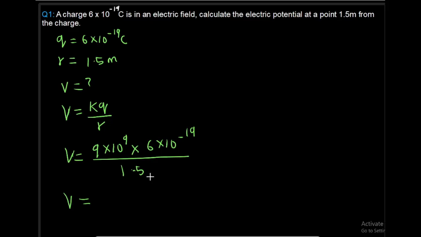Times 6 times 10 raised to the power of minus 19. Then we'll close our bracket, divided by, open bracket, 1.5, close bracket, and then you get your answer, which is 6. So our answer here is 6 volts. All right. So this is the value for the electric potential of this charge.